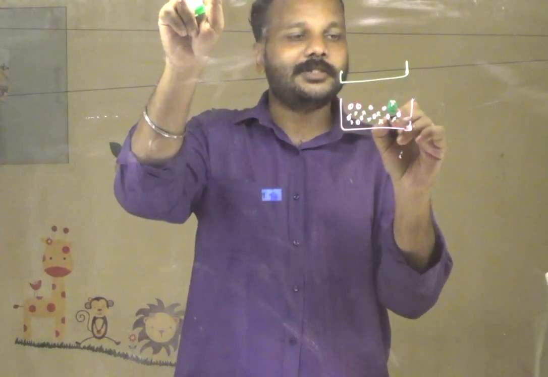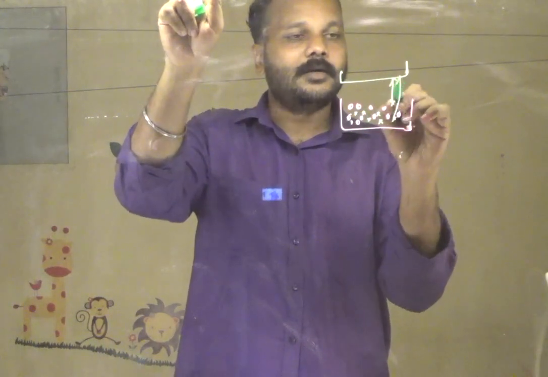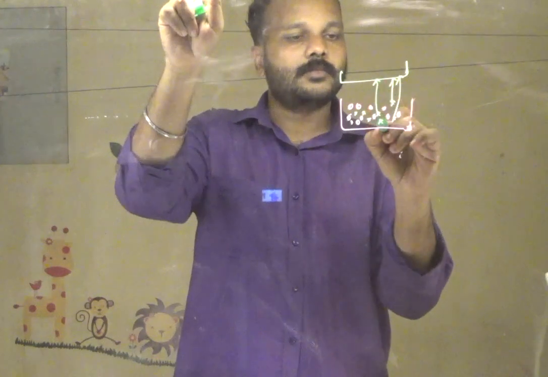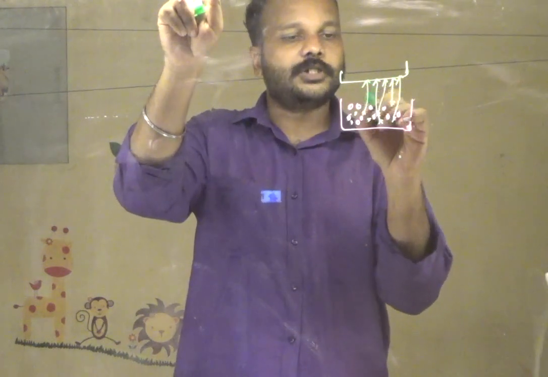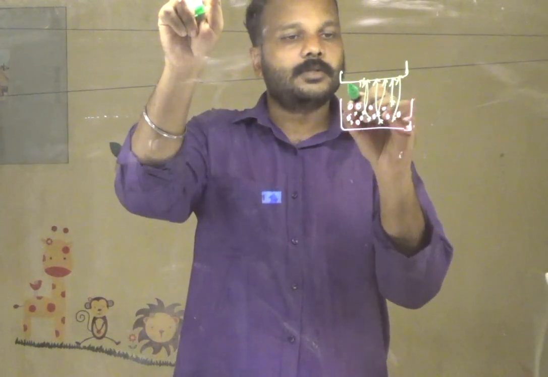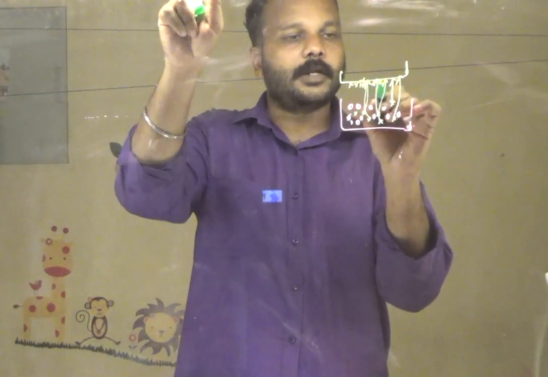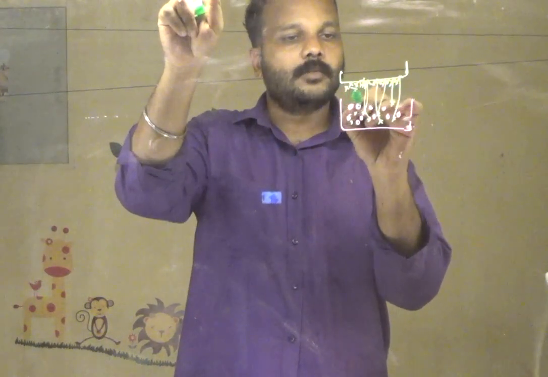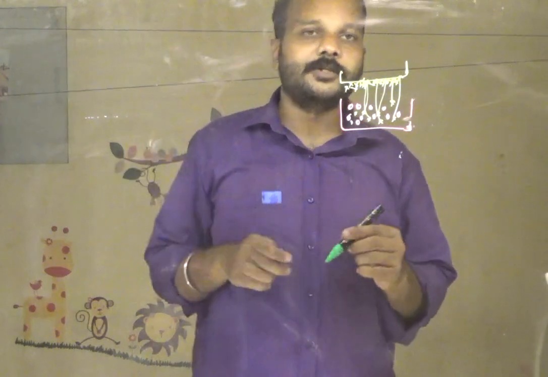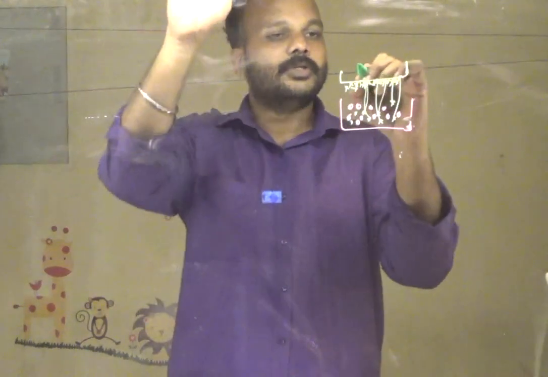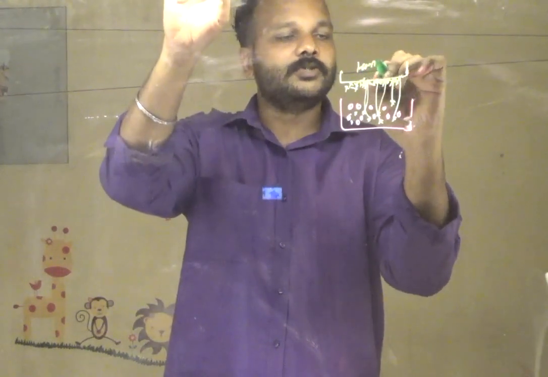What happens is all this iron goes and sticks here. So the iron particles stick to the magnet, and what remains is sand. So the simple answer is, you say iron magnet.